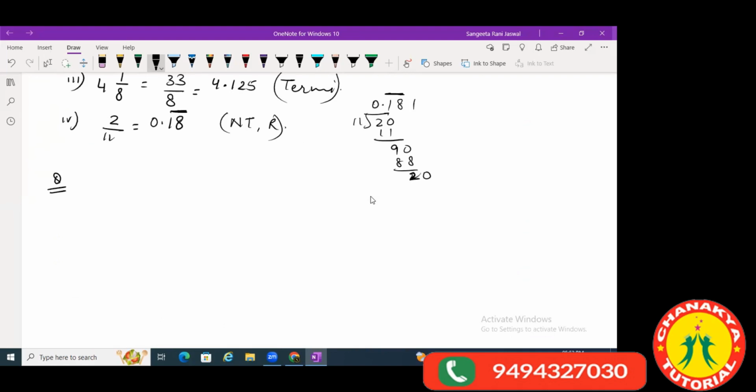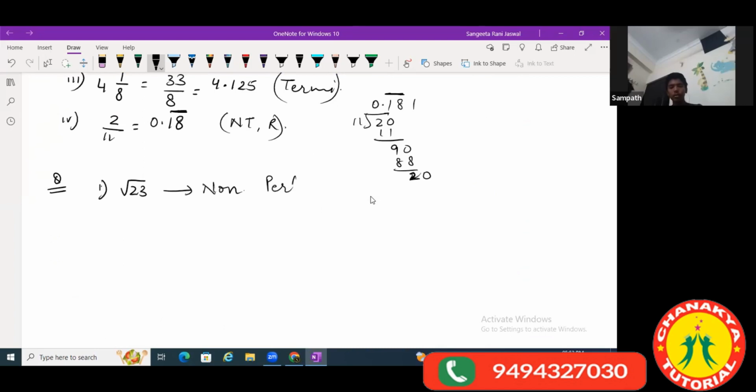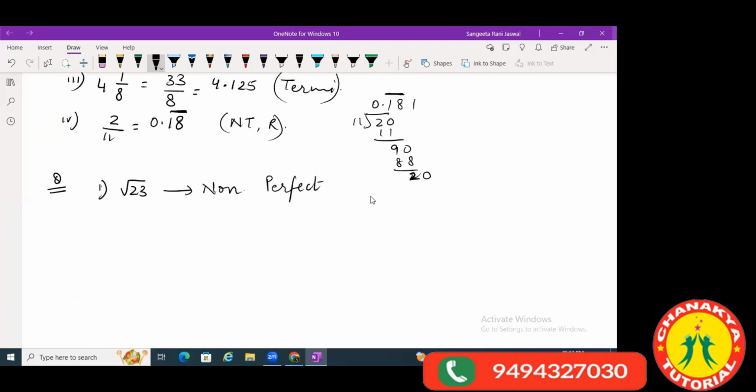From your book only, you have the first one, root over 23. We can see 23 is a prime number, a non-perfect square number, so this number is irrational. Then root over 225.